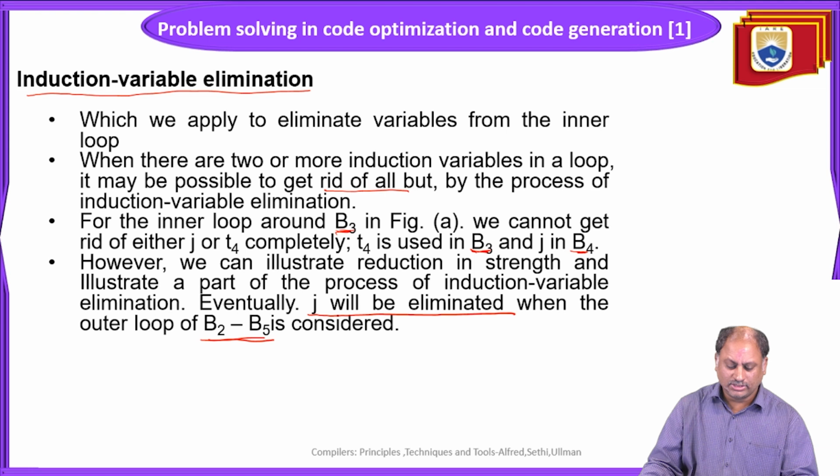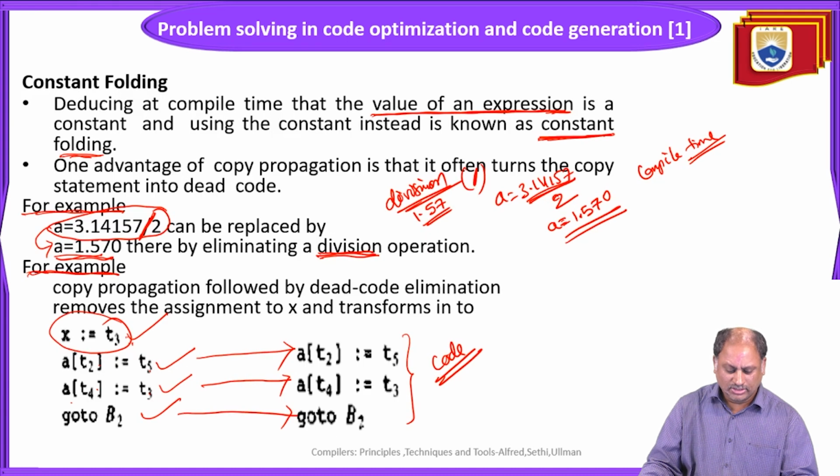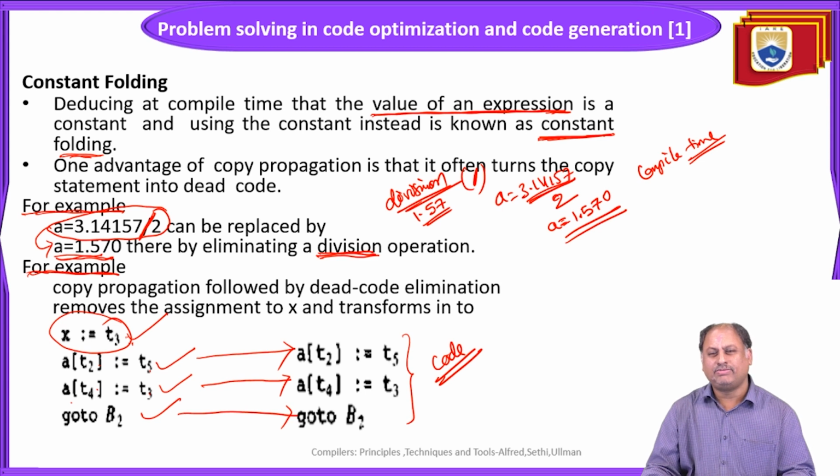Induction variable elimination and code motion, where code inside a while loop that is not required is kept outside with a temporary notation, and repetition of code is avoided. And constant folding, where assignments are calculated easily and the actual value is kept as an assignment statement instead of performing a division operation.